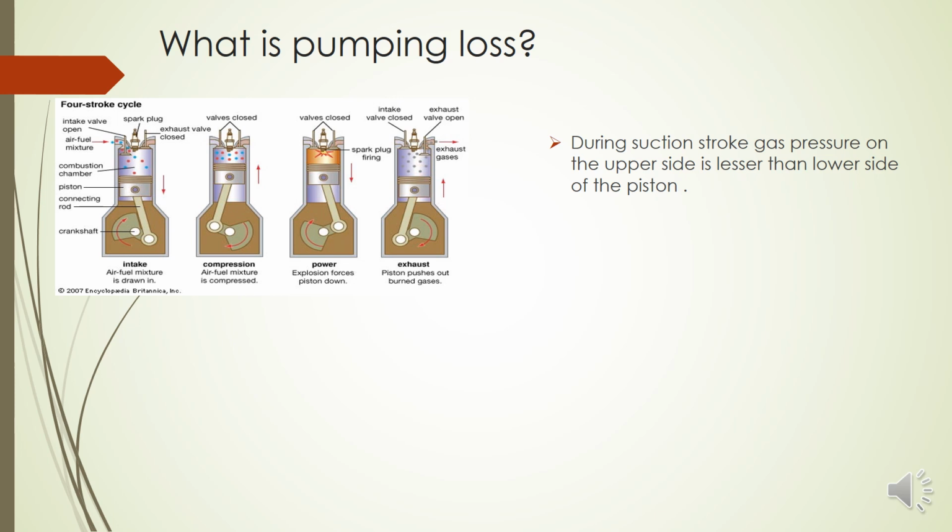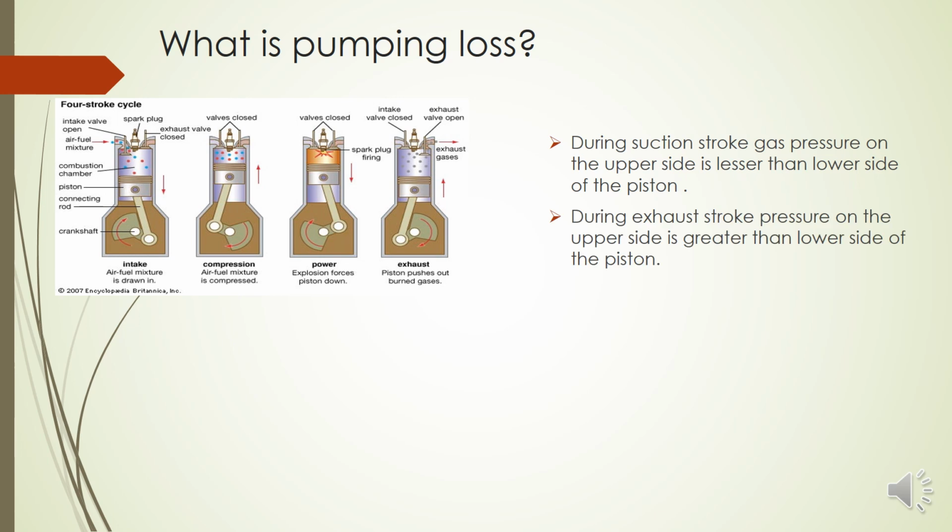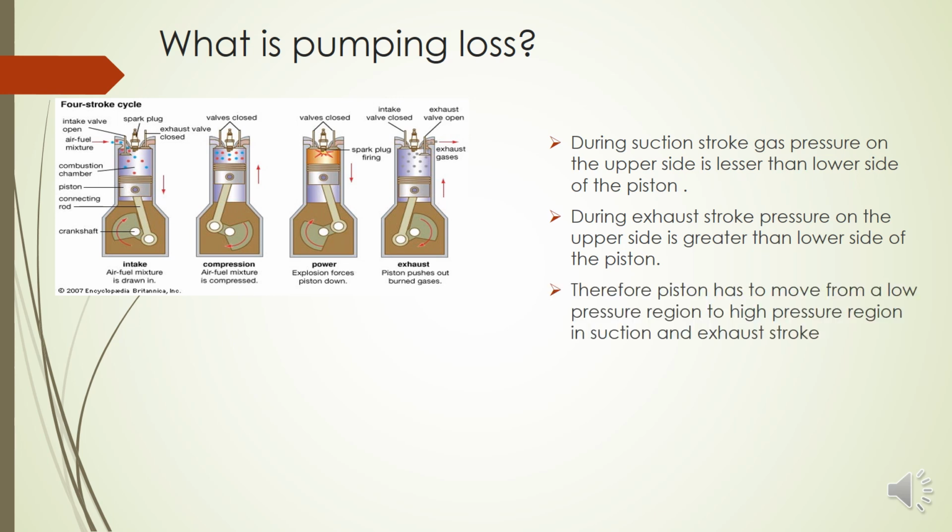That is, during the suction stroke, the gas pressure on the upper side is lesser than the lower side of the piston. Similarly, during the exhaust stroke, the pressure on the upper side is greater than the lower side of the piston. In both these cases, the piston has to move from a low pressure region to a high pressure region.